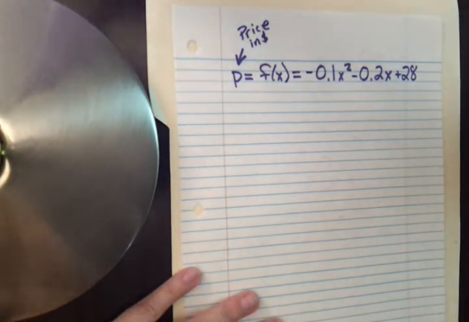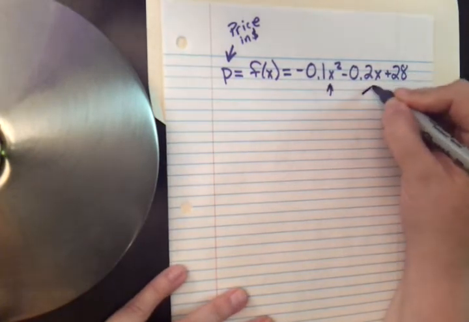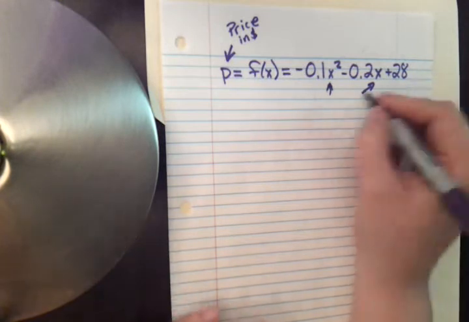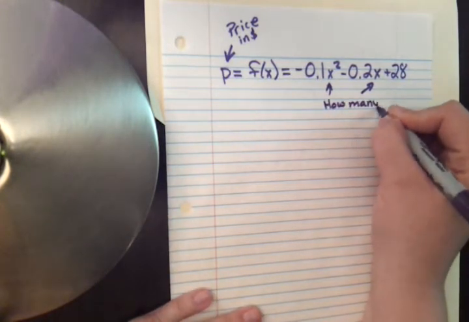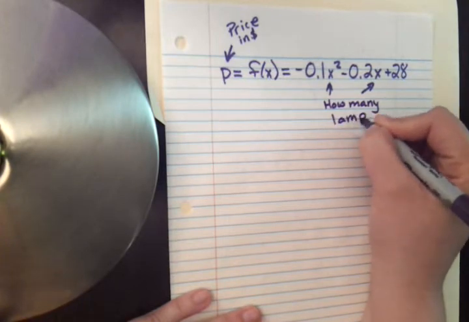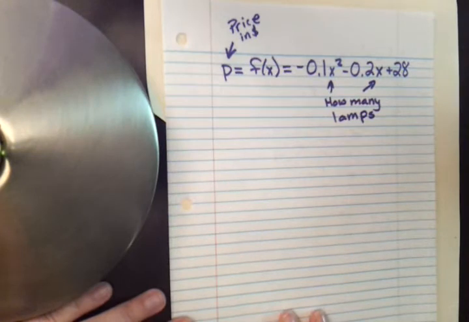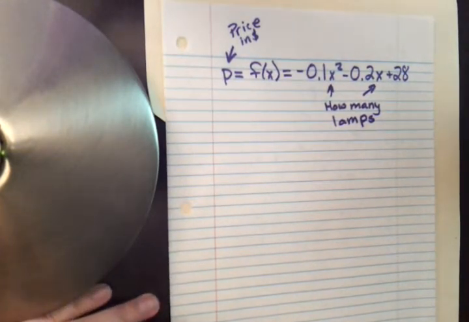X is the quantity demanded in thousands, so anywhere we see an X, that's how many lamps people are ordering. Basically, X tells us the number of lamps, P tells us the price in dollars. So now we know what the function is.